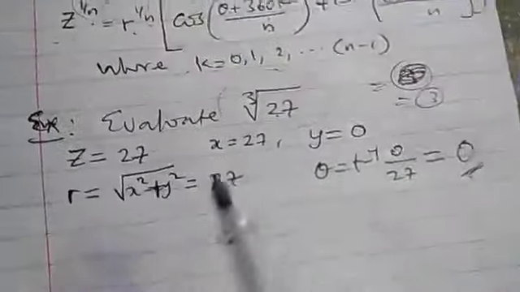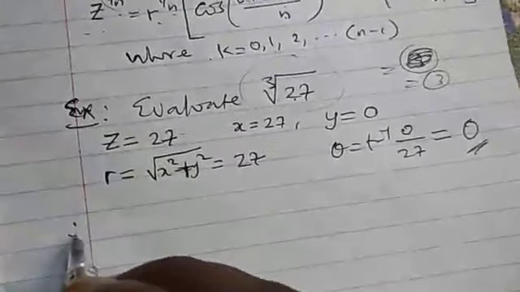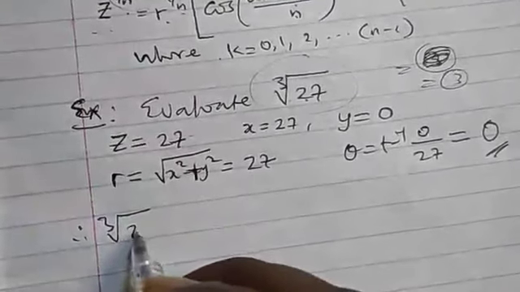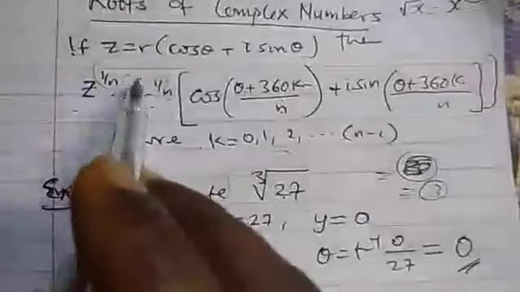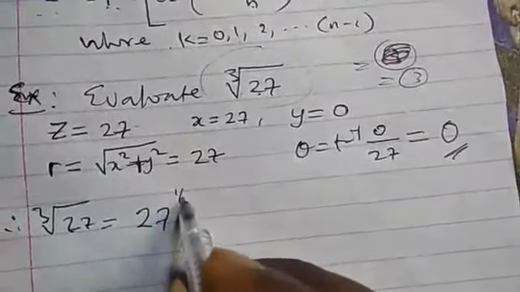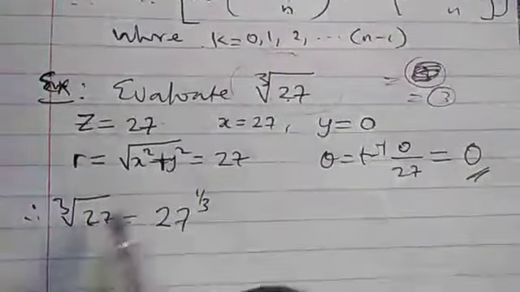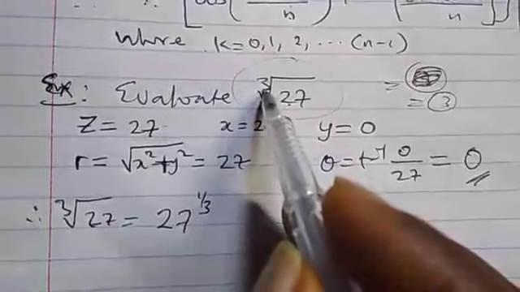So those are the two things we need, our r and our theta. I will now come here. Therefore, the cube root of 27 will be equal to, using the formula, our r. This is 27 raised to power 1 over 3, raised to power 1 over n. You know, our n is 3.